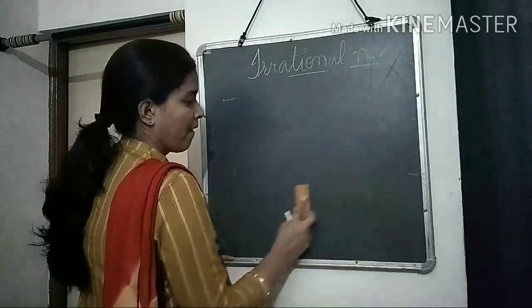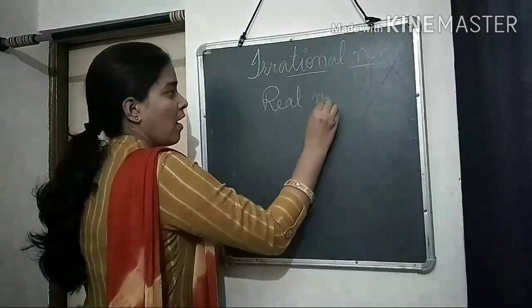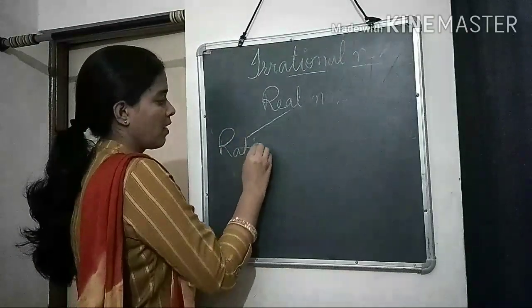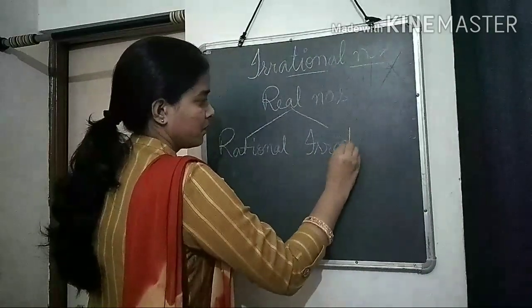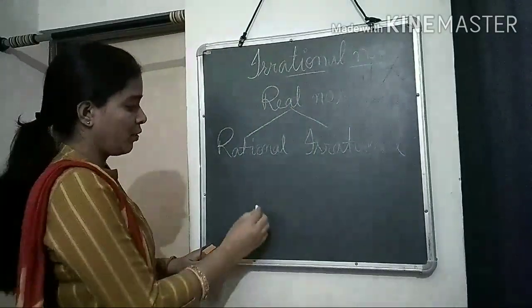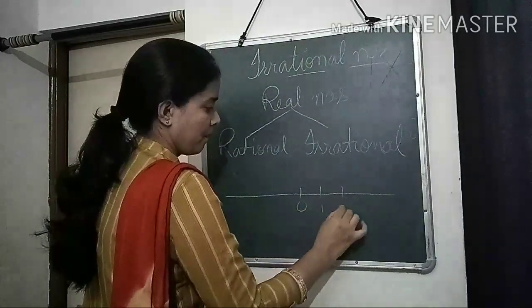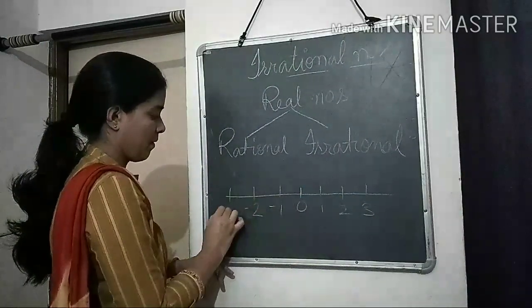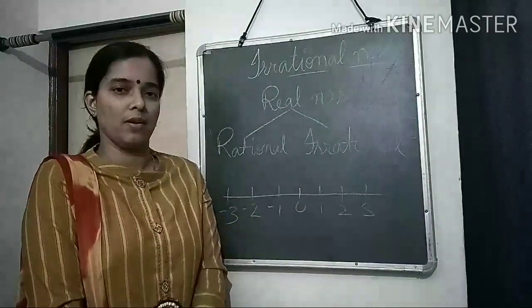Now, real numbers are a combination of rational numbers as well as irrational numbers. And we know that on a number line, we can plot all the rational numbers.